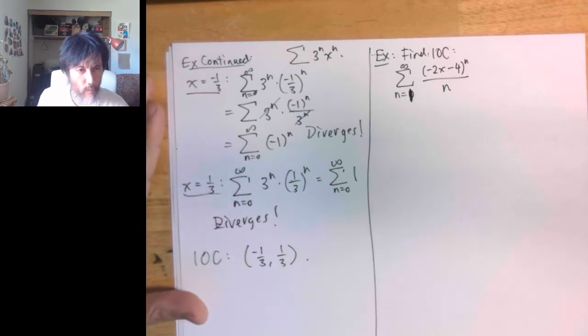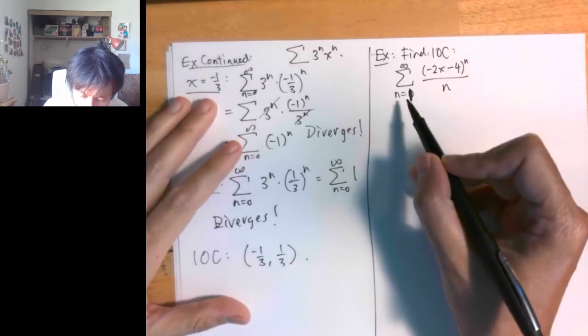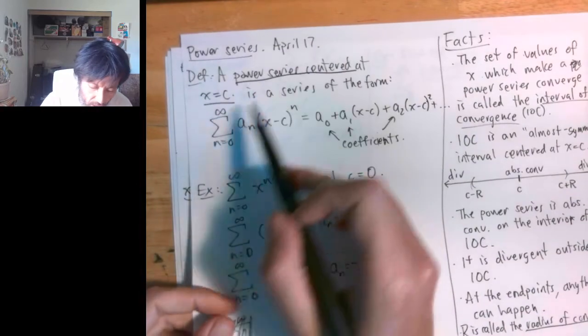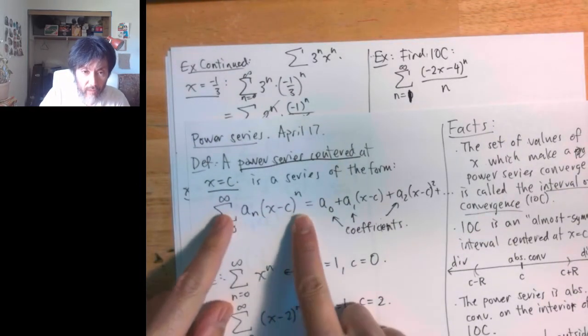All right. Well, I claim, first of all, that this is a power series. Now, if you look at the definition of power series, here is the definition of power series, right here.